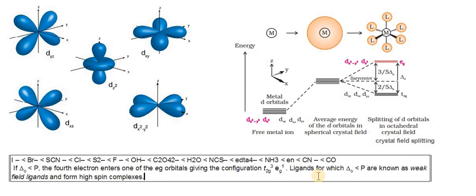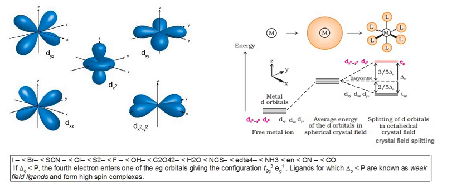So particularly, the ligands for which delta O is less than pairing energy are weak field ligands and give high spin complexes.